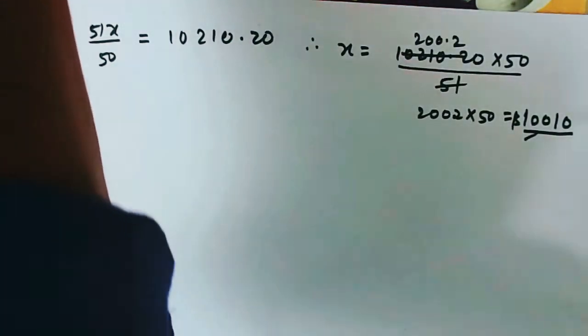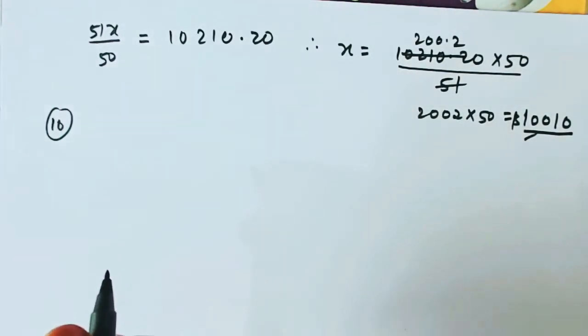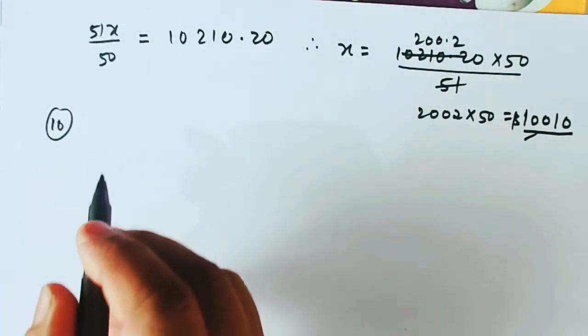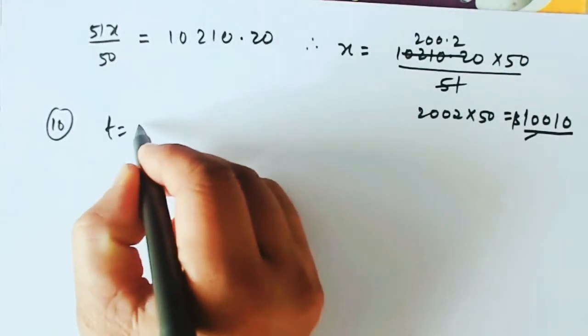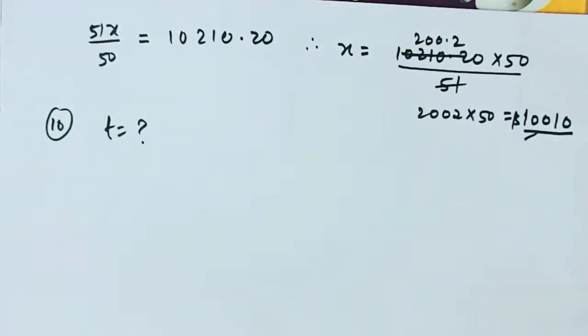In number 10 they say, in what time will the interest on a certain sum of money? Achha, this time they are asking time. They are beggars. They will keep on asking like this only.